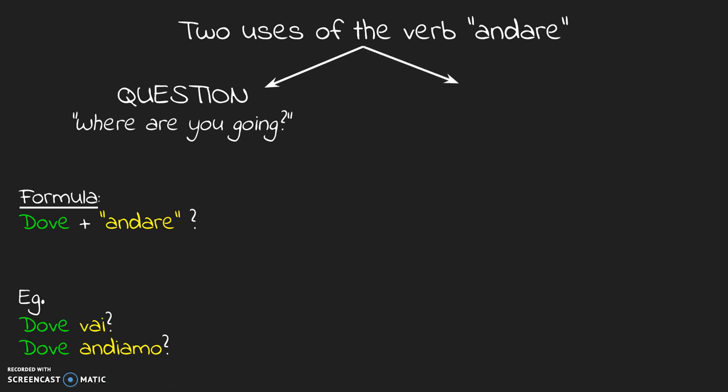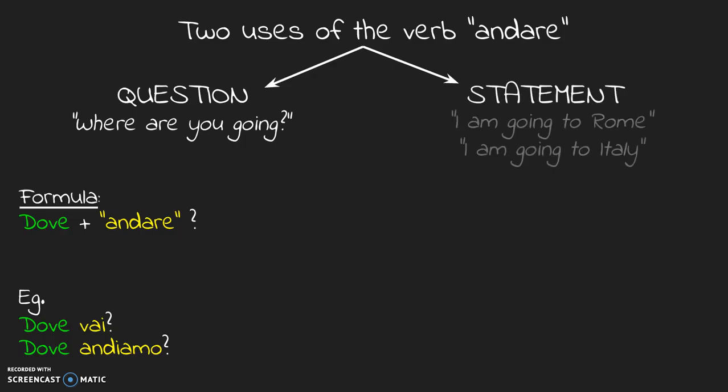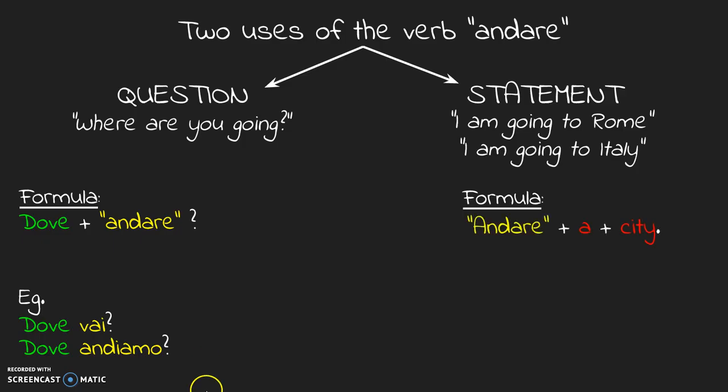You can also use the verb andare in statements. Things like, I am going to Rome, or I am going to Italy. For statements, these would be our formulas. If we're talking about going to a city, we would use the appropriate form of the verb andare plus a, and then plus the city name.